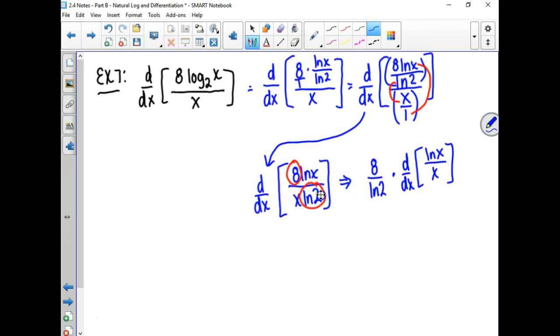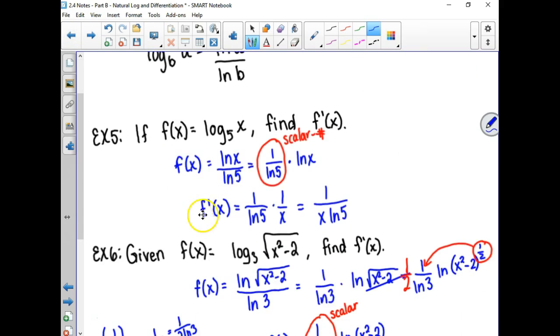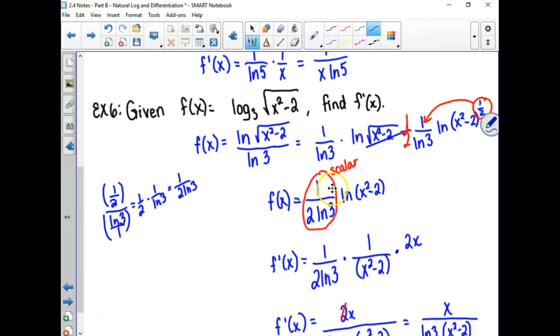It's just a little hard to see it because it looks like it's some sort of variable with that natural log there. So if you look back at the other ones that we did, see here, this was natural log of 5. It did not have a variable, so we could just pull it out front and not mess with it. Here, we had the natural log of 3. No variable there, so we could just pull that out and not mess with it.